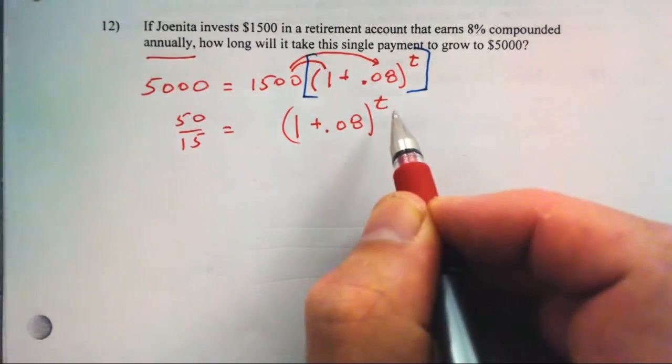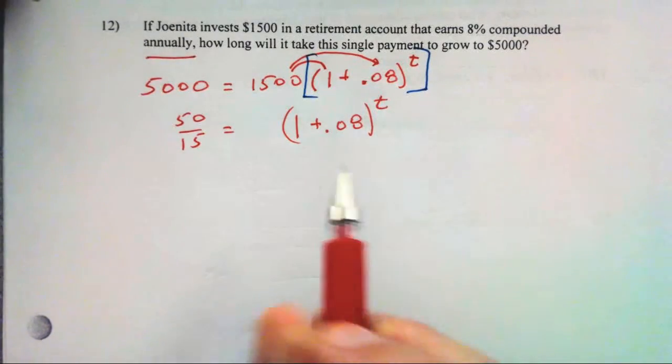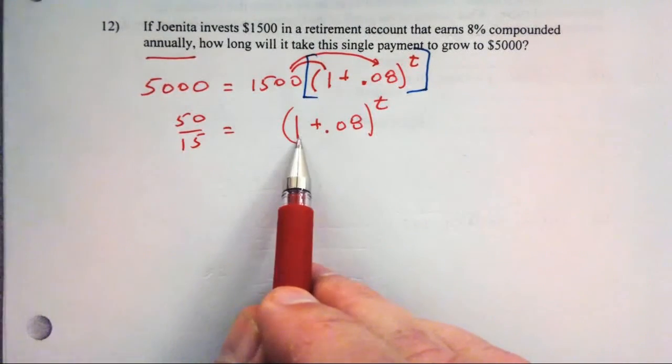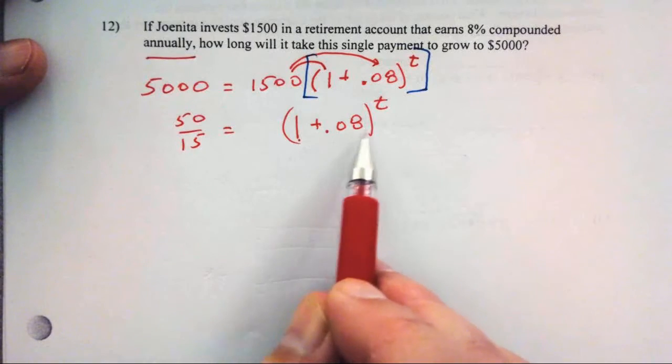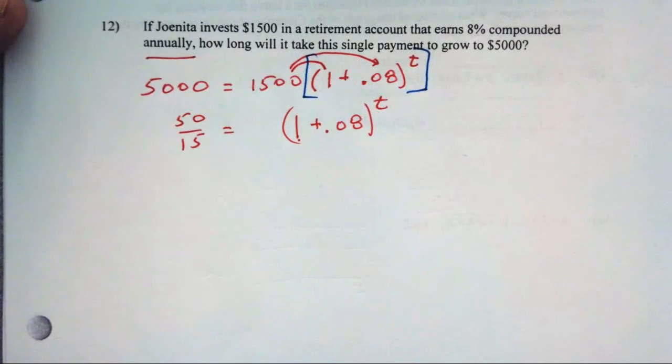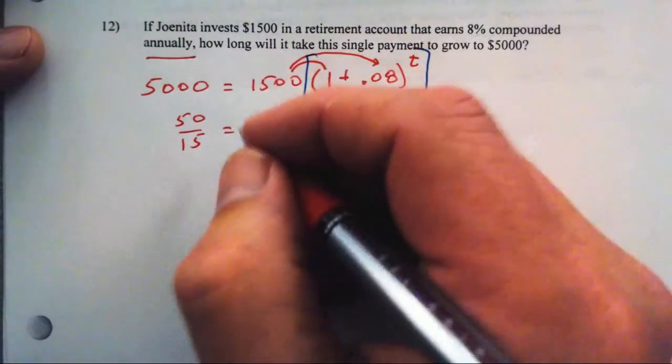I can log this. I'm going to ln both sides. You can take log base 1.08 of both sides, but I'm going to use the natural log.